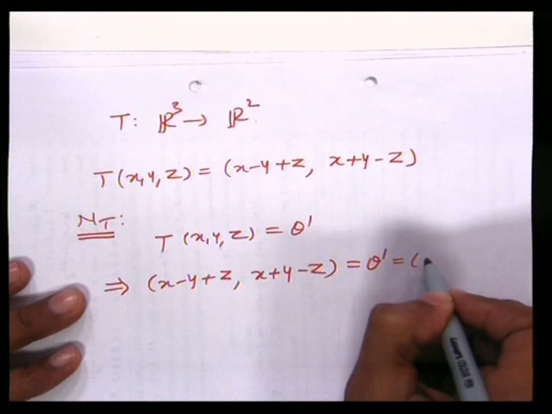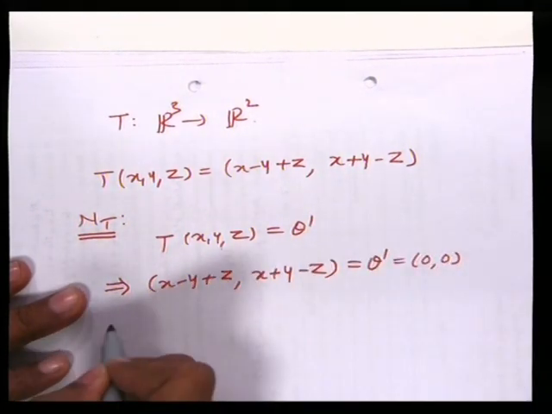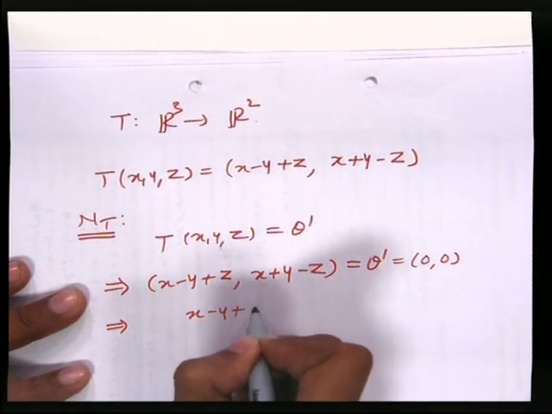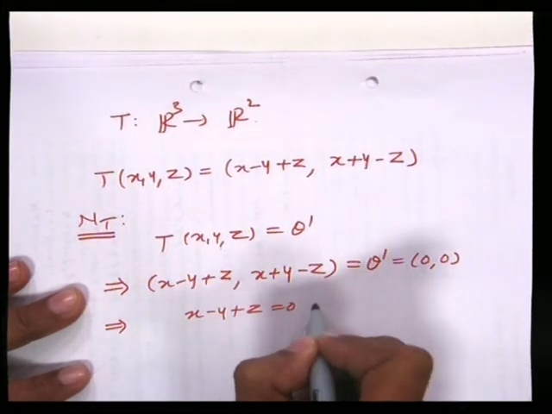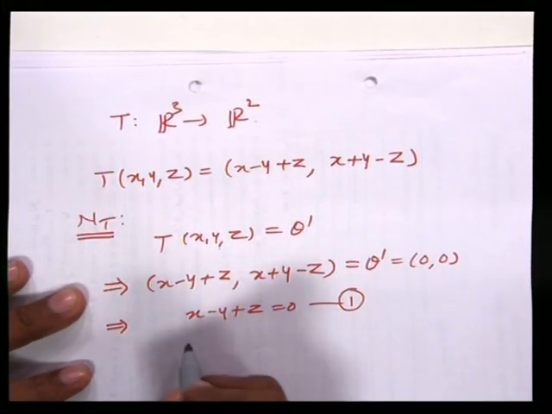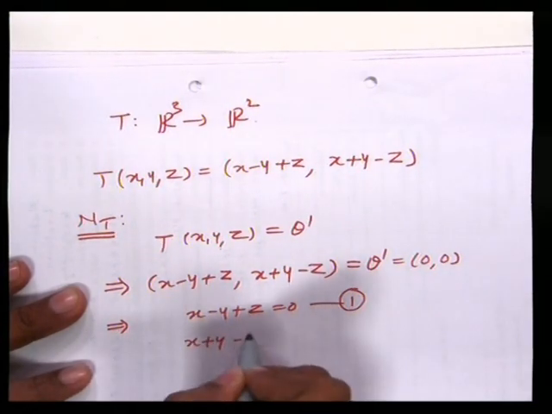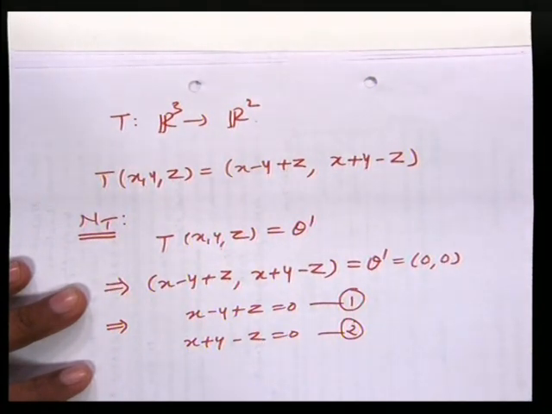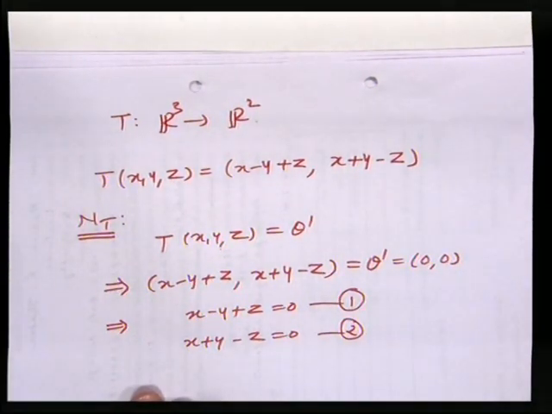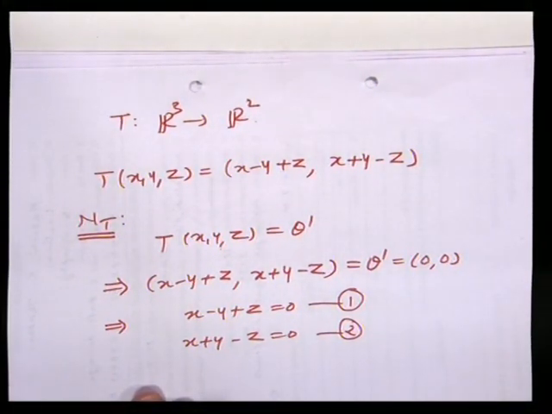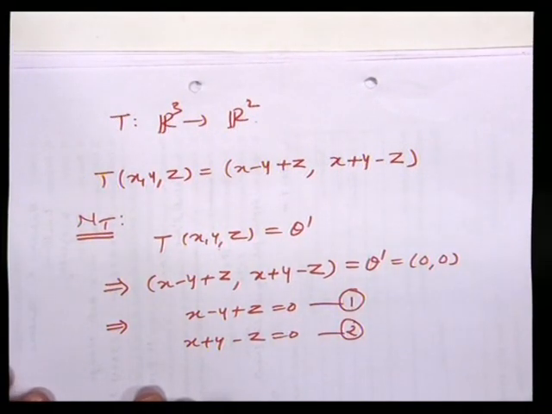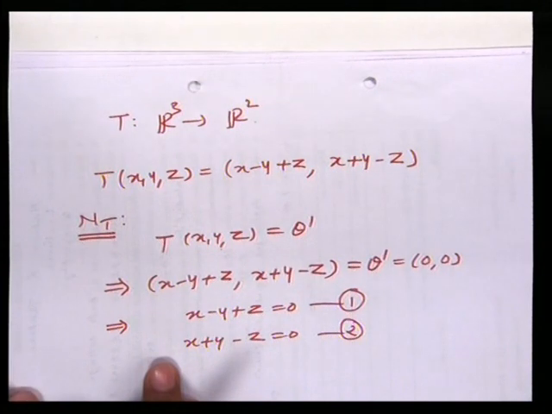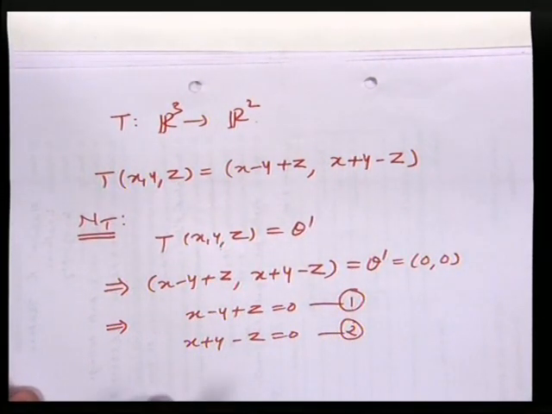So it is equal to 0 0. Equating this, we get x minus y plus z is equal to 0, equation number 1, and x plus y minus z is equal to 0, equation number 2. Here we have to solve these equations for x, y and z. Since we have 3 unknowns and only 2 equations, any 2 can be expressed in terms of the third one.